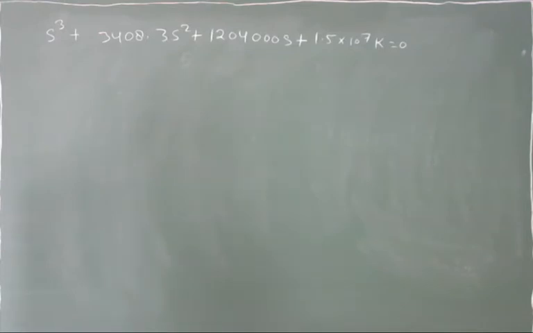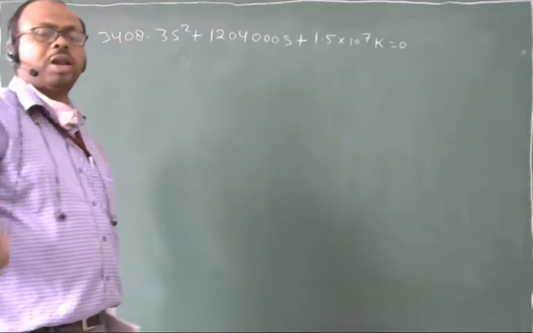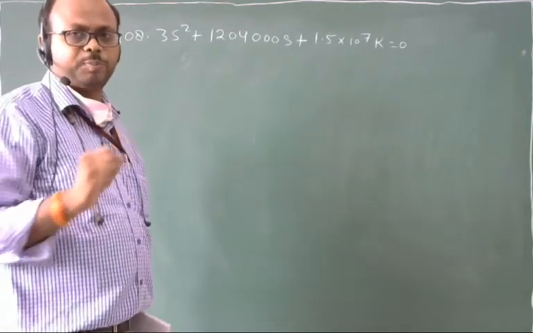Until now, we found the stability of the system, whether the system is stable or not. If the system is stable, then it's okay. But if the system is unstable, then we calculated how many roots lie in the right hand side of the S plane.